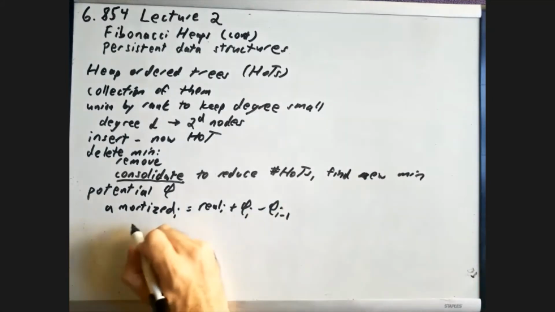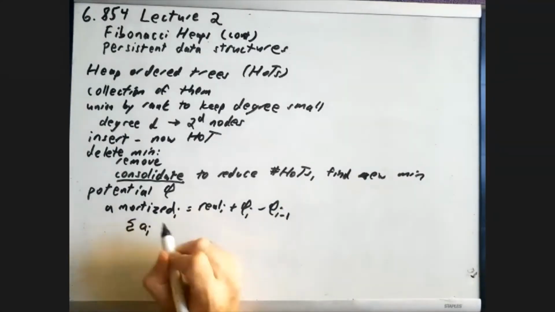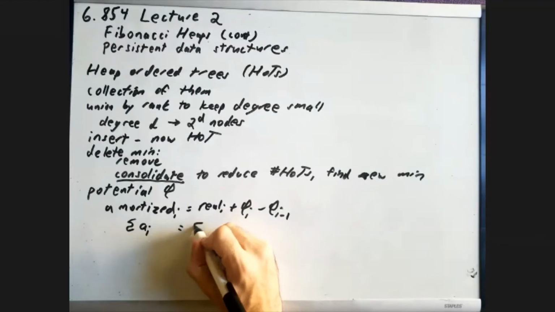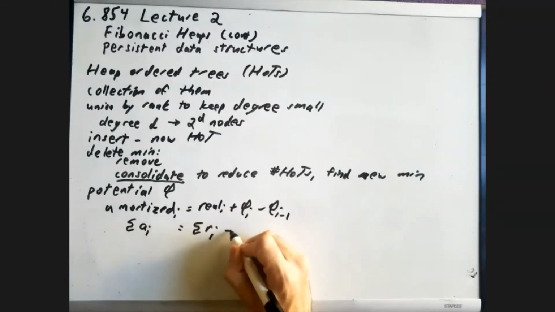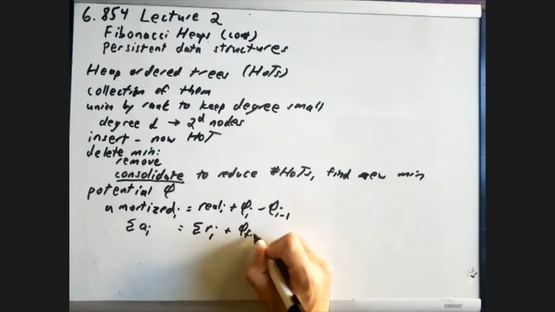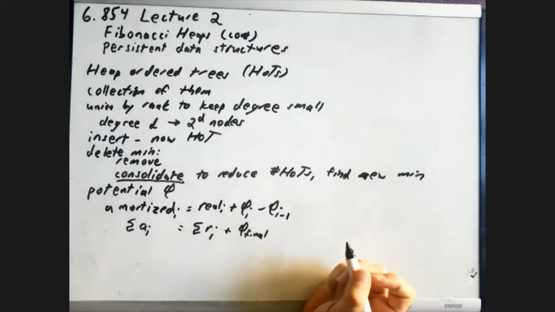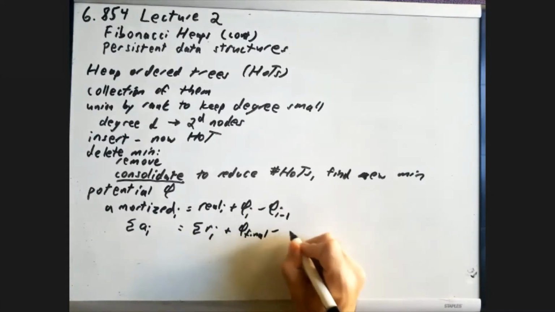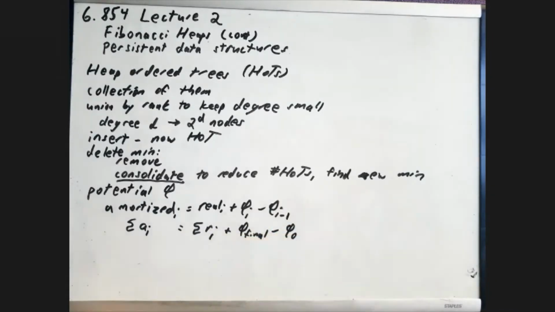And that means that the sum of the amortized costs is equal to the sum of the real costs plus the final potential minus the starting potential, right?